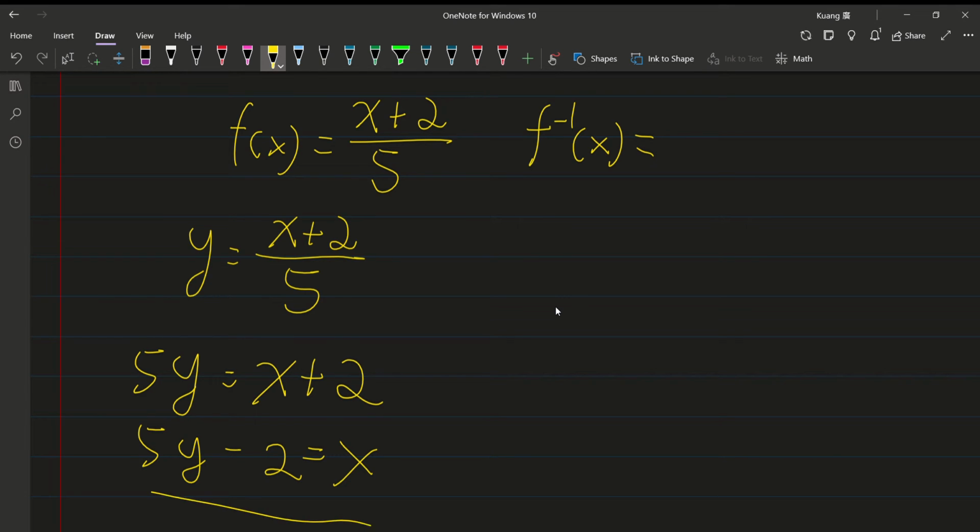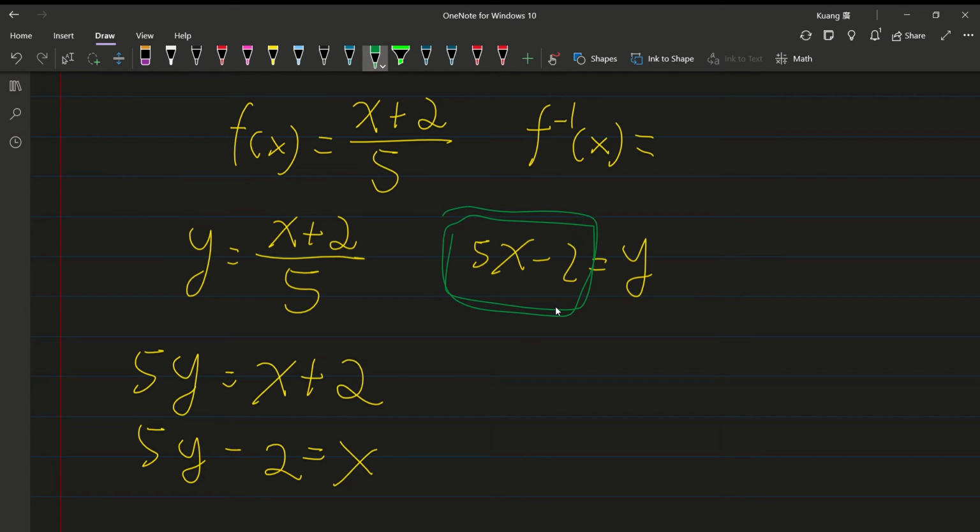The final step is to switch x and y. Let your x become y, let your y become x. So that will be 5x minus 2 equal y. This is the inverse function, 5x minus 2.